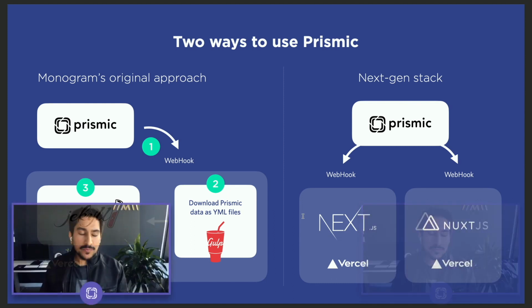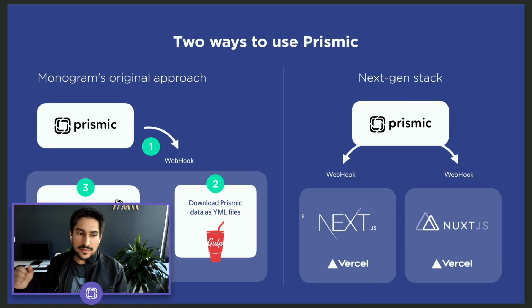It was Prismic with a webhook that, back in the day, triggered a DigitalOcean server that would build with Jekyll and Gulp. It would download the data from Prismic, pass it to Jekyll, and Jekyll would build the website, compress it, and deploy it to AWS.